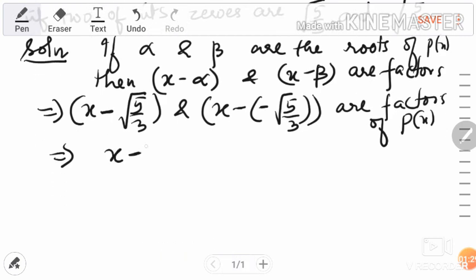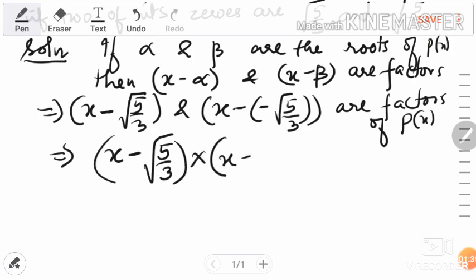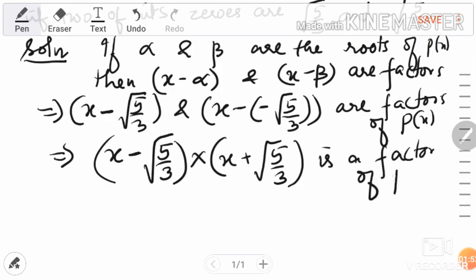This is x minus root 5 on 3 into x plus root 5 on 3. The product of these two factors will also be the factor of p of x. So x minus root 5 on 3 into x plus root 5 on 3 is a factor of p of x.